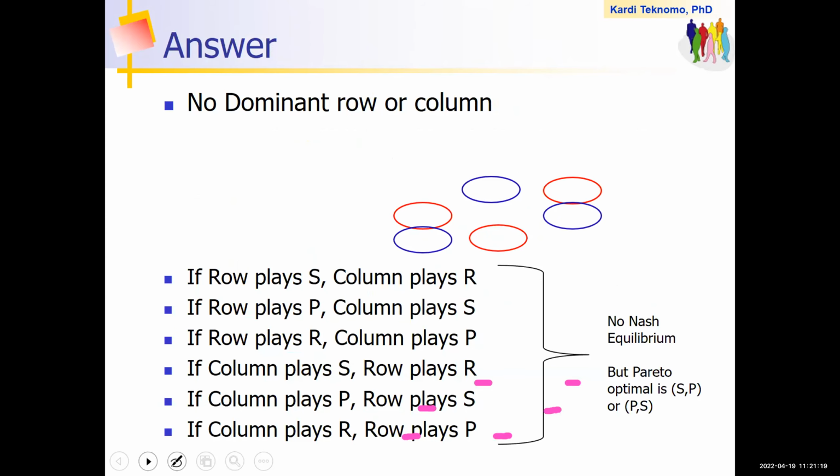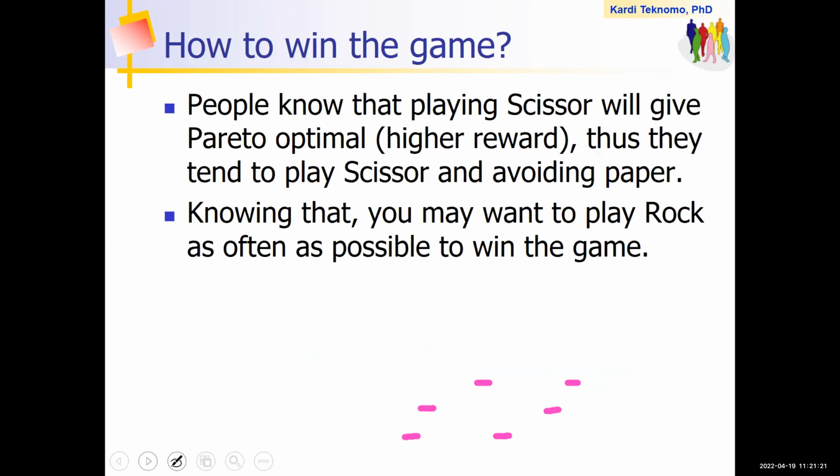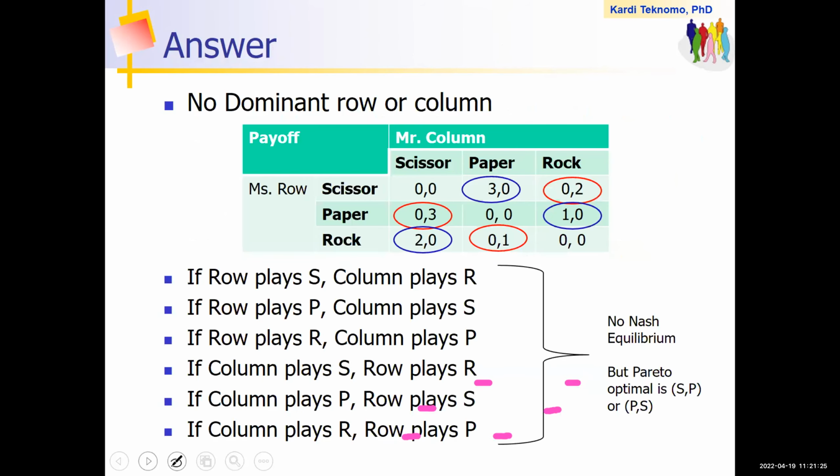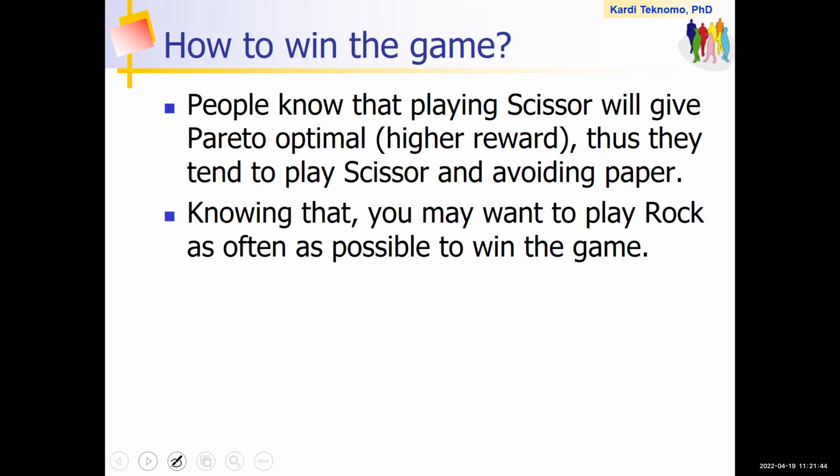So this game has no dominant strategy. There is no equilibrium, but there is a Pareto optimal, right? The 3 is a Pareto optimal. So there is no equilibrium, but what is the strategy to win the game?